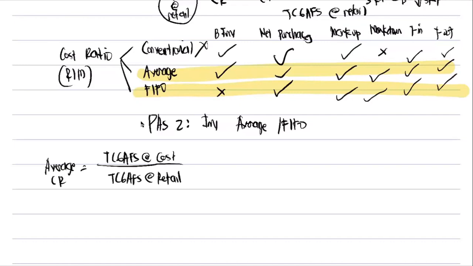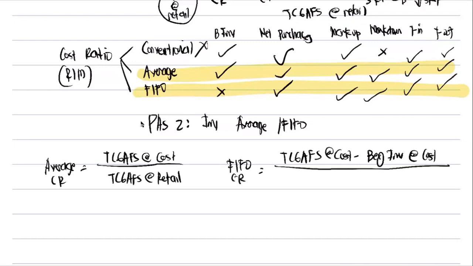And then for your FIFO cost ratio, we just get the total cost of goods available for sale at cost less beginning inventory at cost divided by the total cost of goods available for sale at retail less beginning inventory at retail.